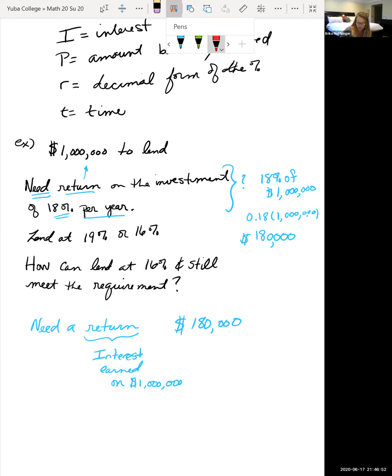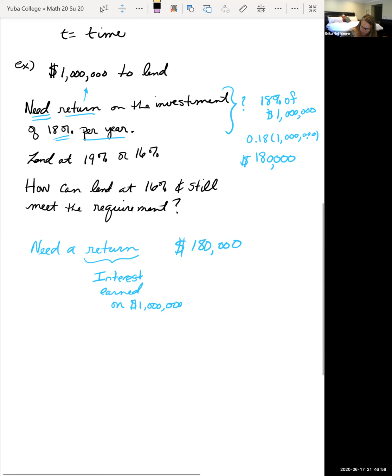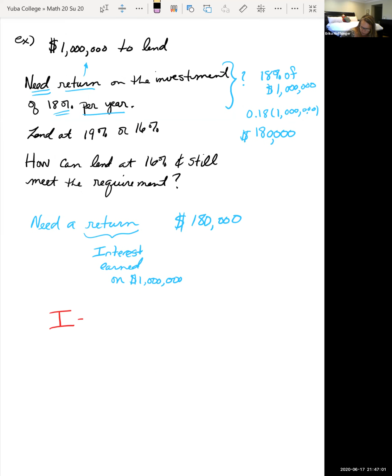Okay, so thinking about the formula that we have, we know that interest is equal to P times R times T. But in her case, she has two different ways that she can do this. So we can look at the interest that she gets on the 19% plus the interest that she's making on the 16%.